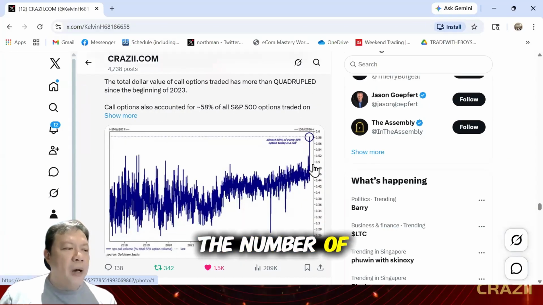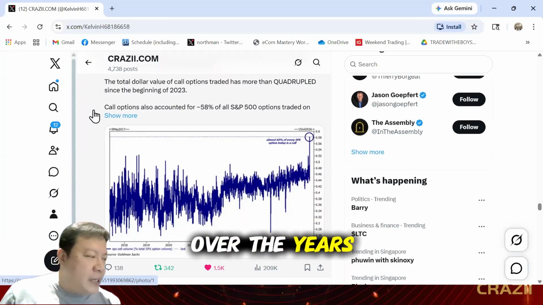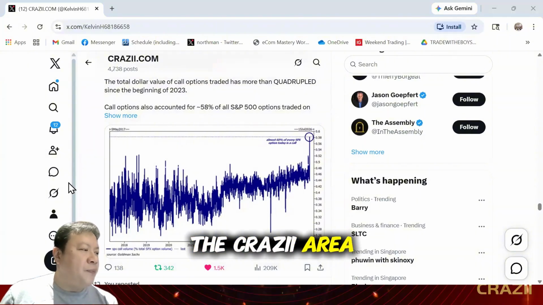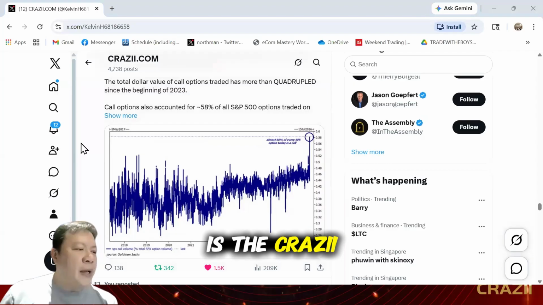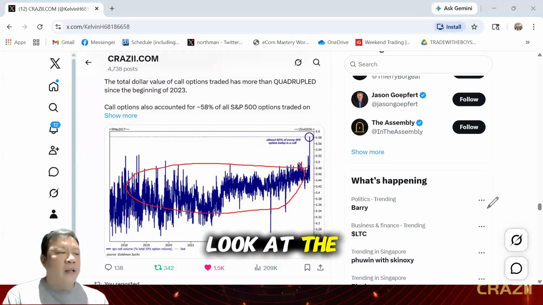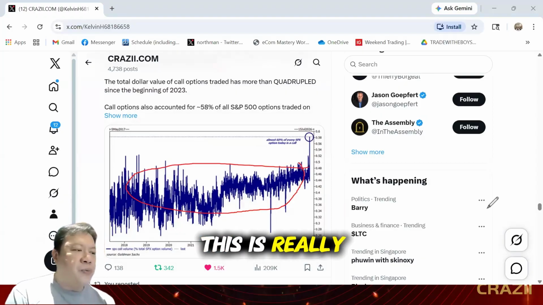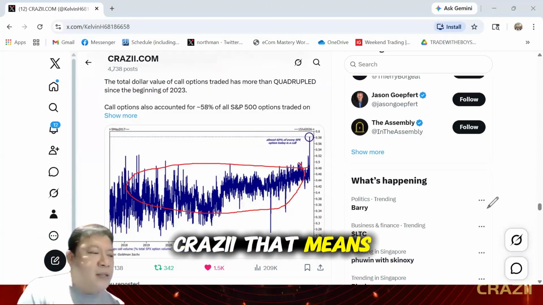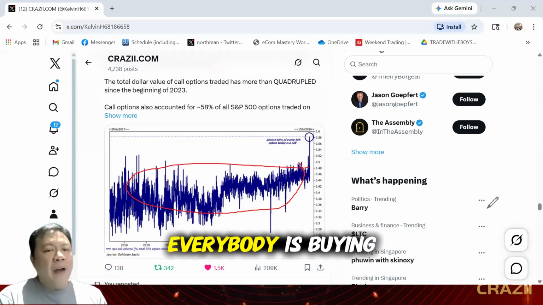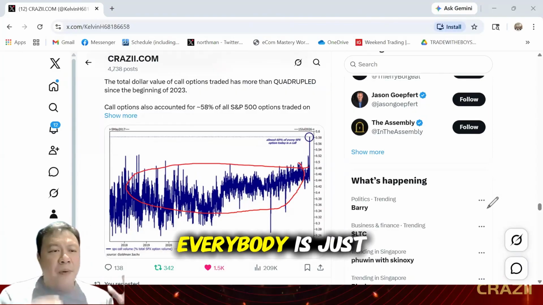The number of call options over the years has been only around this area, the crazy area. But suddenly now look at the way it shot up. This is really crazy. That means that basically now 60% of every S&P option is a buy. Everybody is buying. Everybody is just buying.